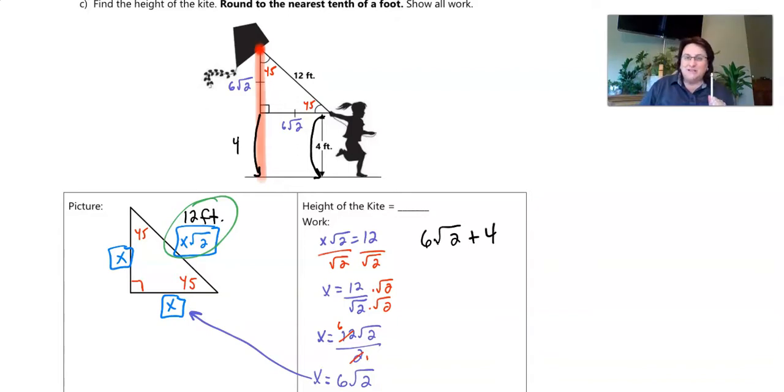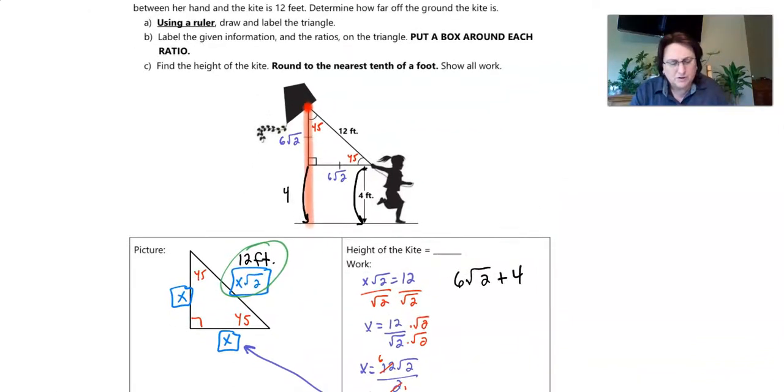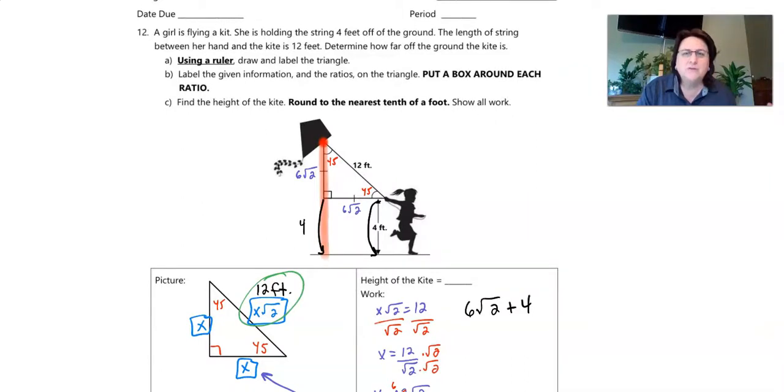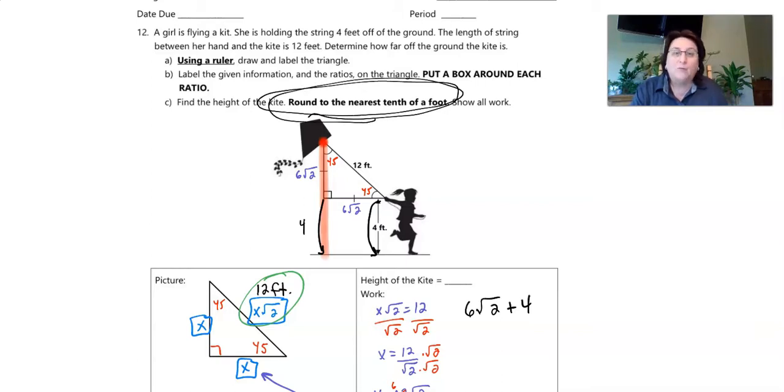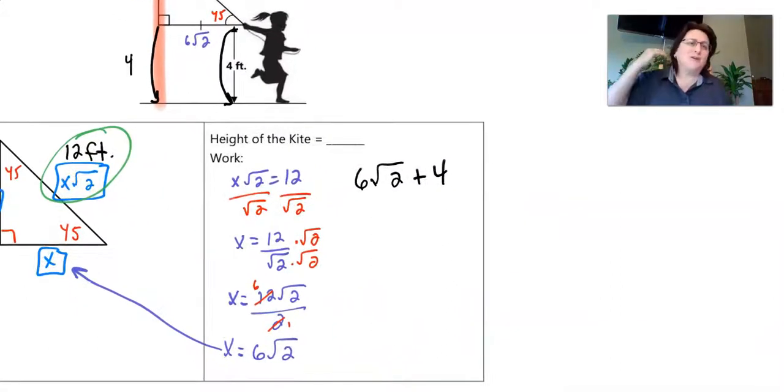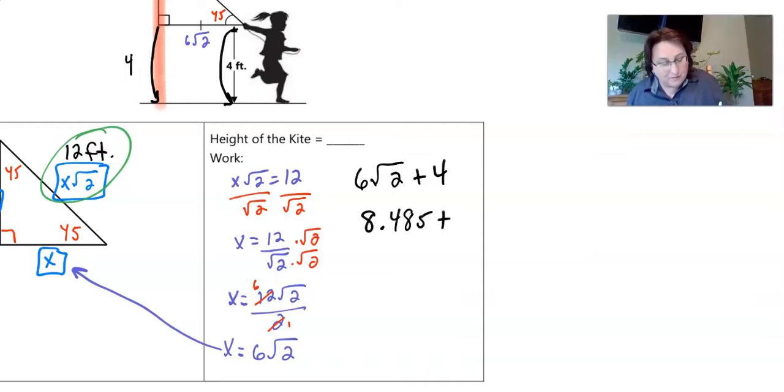All right, does our answer say to leave in reduced radical form? Look up there. Does it say to leave in reduced radical form? No, it says find the height of the kite and round to the nearest tenth of a foot. Oh, thank goodness, Miss Smith. Now we can actually put 6 square root 2 in our calculator plus 4. Okay, so when you put 6 square root 2 in your calculators, guys, you should get, and I'm doing this right along with you, 8.485 plus 4.